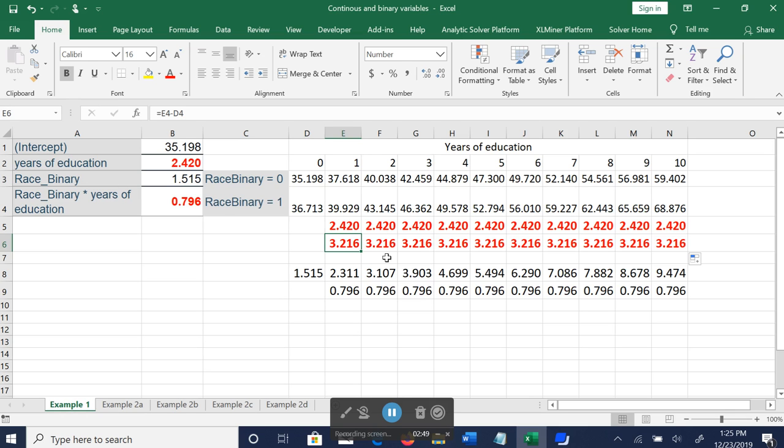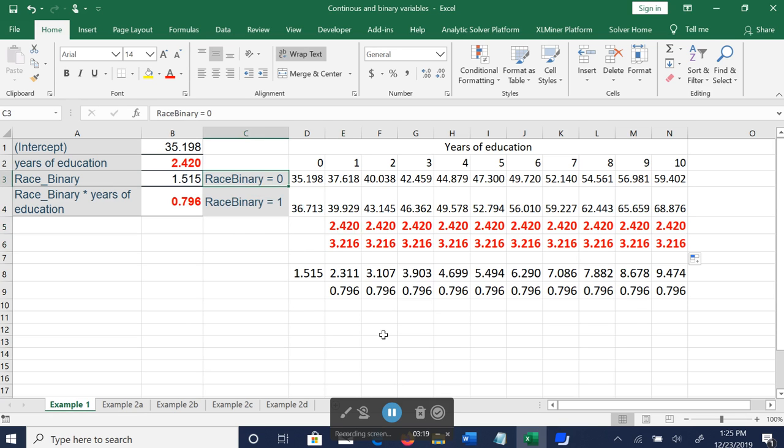And as you can see, for those from ratio category 1, their income changed by over $3,200. The increase in income with additional years of schooling acquired for this ratio group is greater than the increase of income for this ratio group if they attain additional years of schooling.